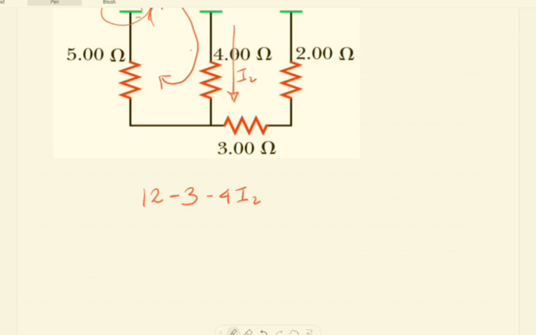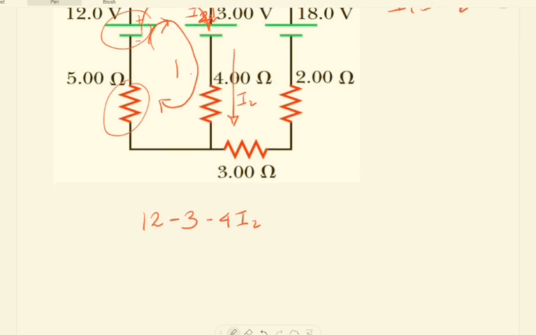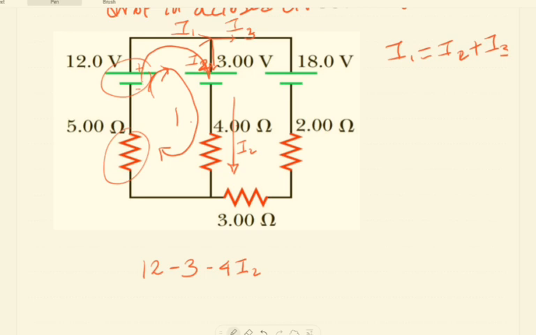So the next resistive element we get in this closed loop is the 5 ohm element. እዚህ ጋር ያለውም current loop current first specify ማድረግ አለብን። እዚህ ጋር ያለው current ምንድን ነው? The current I1 ነው። እዚህ ጋር የሚፈሰው current ነው። So the direction of current is in the upward direction.